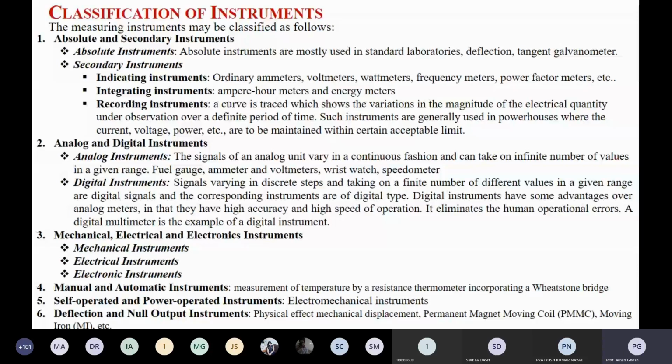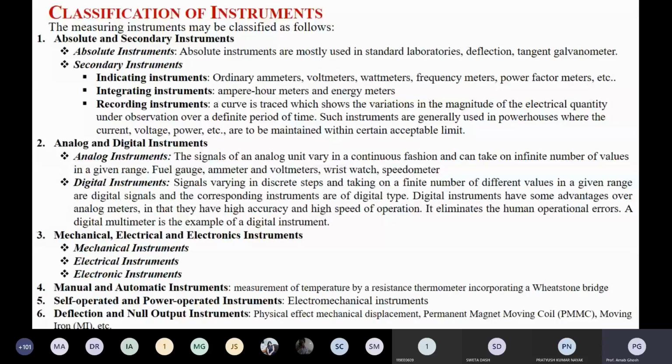What is an indicating instrument? Normally the ordinary ammeter, voltmeter, wattmeter, frequency meter. If you connect the instrument in your circuit and there are changes in voltage, current or power, the pointer of that instrument deflects, pointing out the actual value being measured.